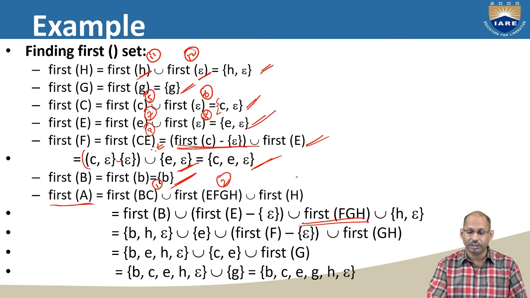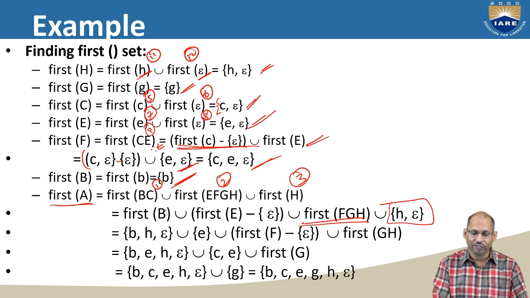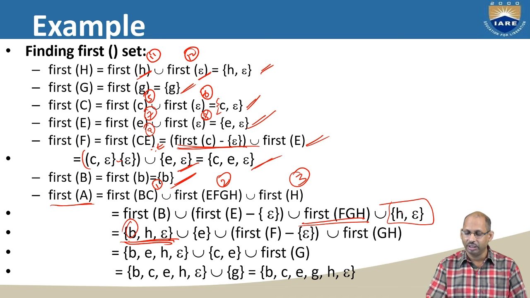Then from the third production, first of H, which is H epsilon. First of B is B, so combine this as B, H, epsilon.